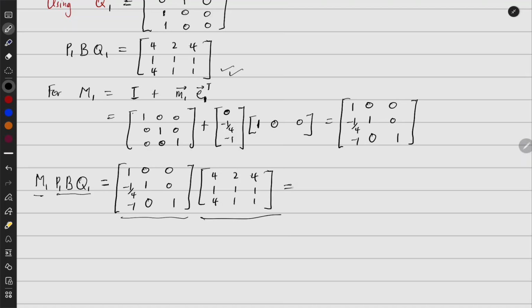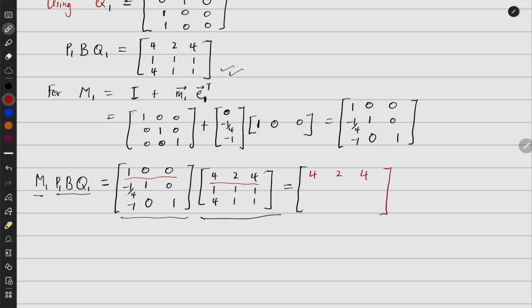Then we multiply row by row, row by column, column by column, anything that you prefer. From here we see that this row has to remain the same. I'm using row by row, 4, 2, 4.